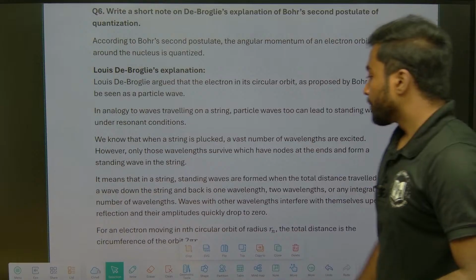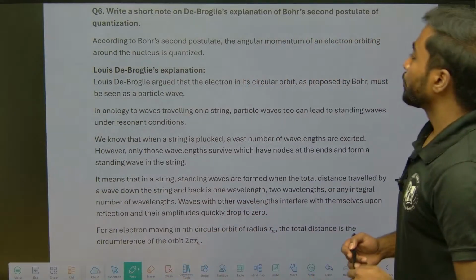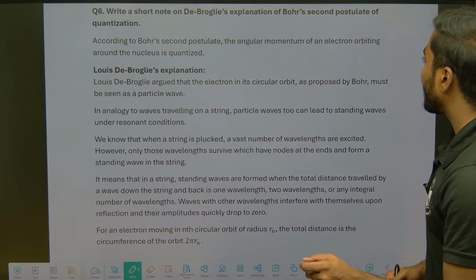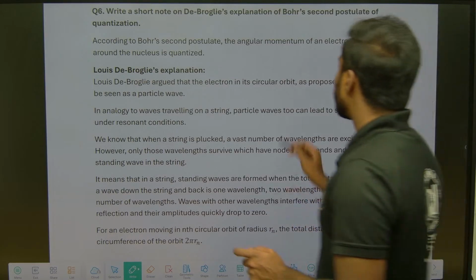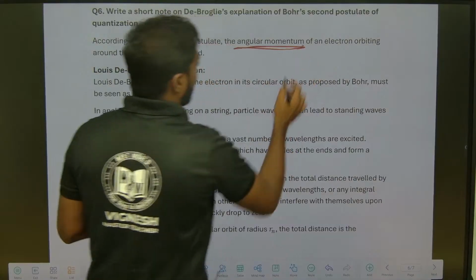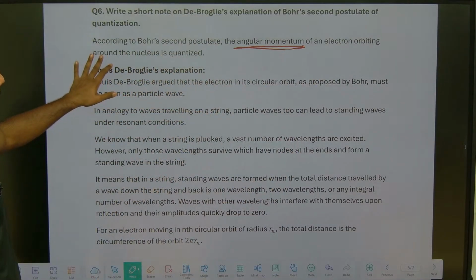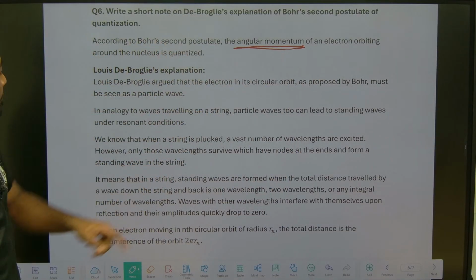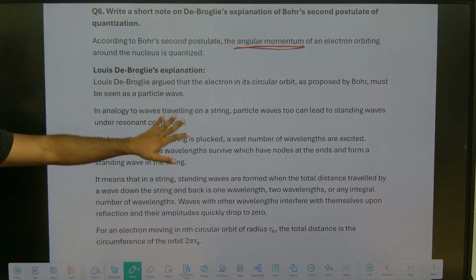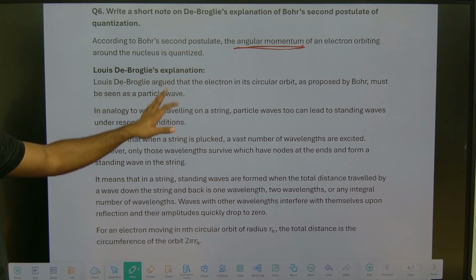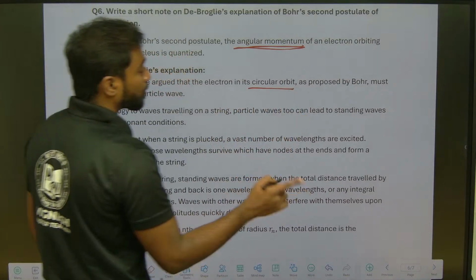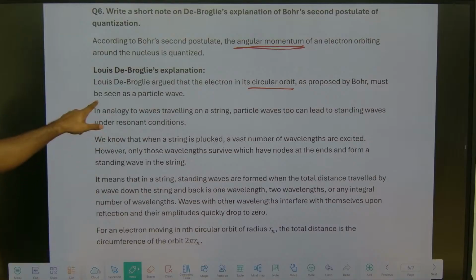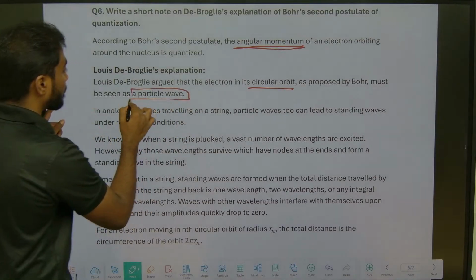According to Bohr's second postulate, the angular momentum of an electron orbiting around a nucleus is quantized. Louis de Broglie's explanation argued that an electron in a circular orbit, as proposed by Bohr, must be seen as a particle wave.